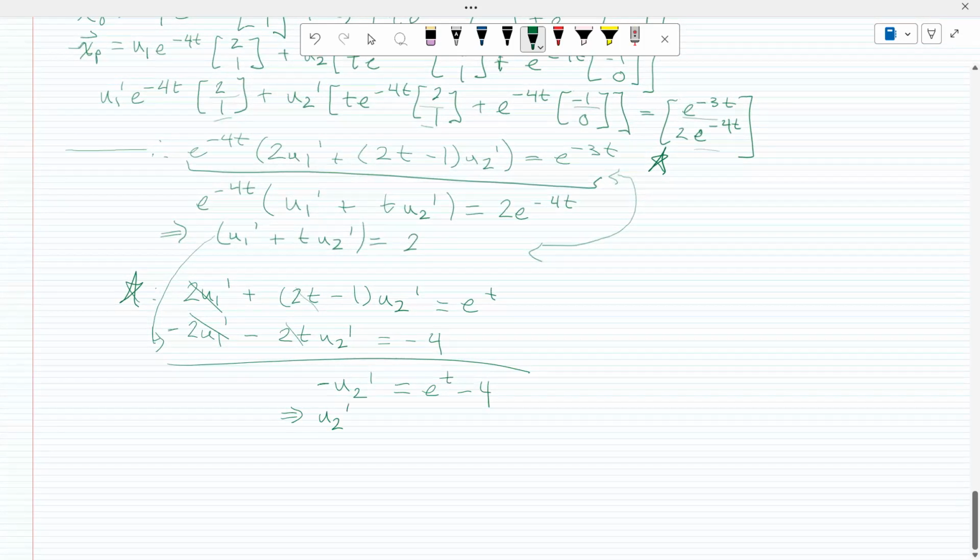So u2 prime is equal to 4 minus e to the t.